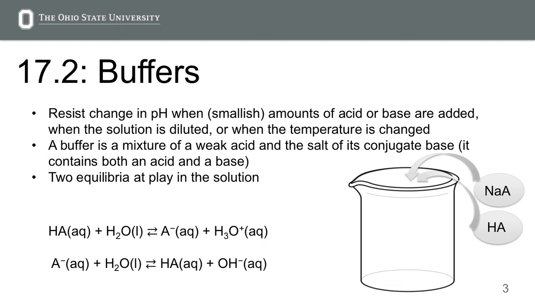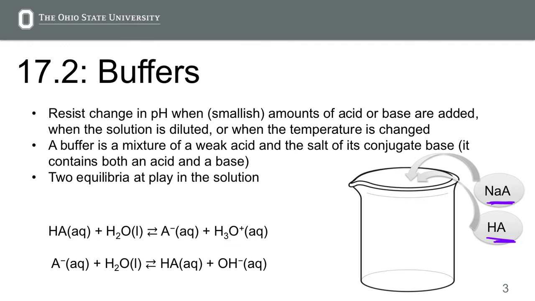So we're going to think about adding a weak acid and the salt of its conjugate base to a solution, and we're going to have two equilibria in the solution at play at one time. Let's say we add a general acid, HA, and the sodium salt of that conjugate base, NaA. That's just sodium acetate or sodium citrate, whatever it may be. The first equilibrium is the weak acid plus water forming the conjugate base and H3O plus.